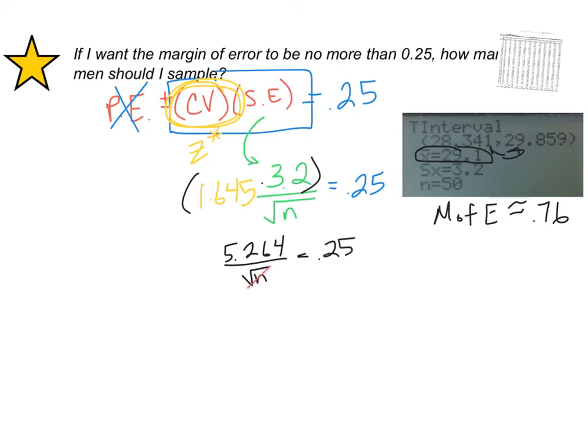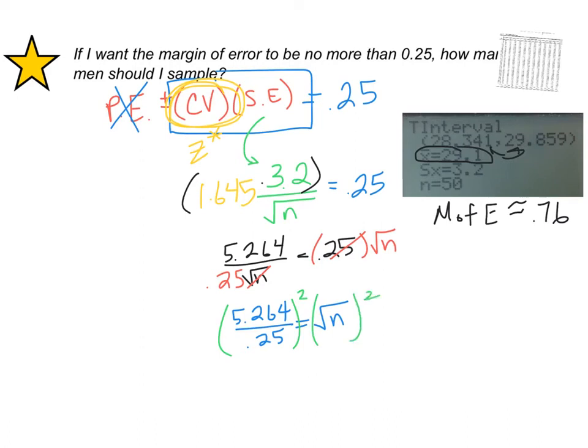Multiply both sides by the square root of n, and then divide both sides by 0.25. So now you have 5.264 over 0.25 equals the square root of n. Of course, you will square both sides.